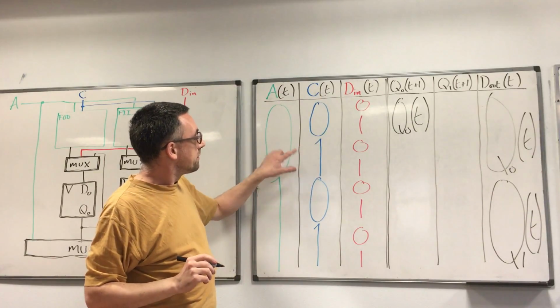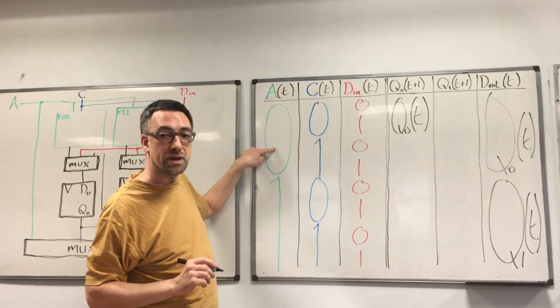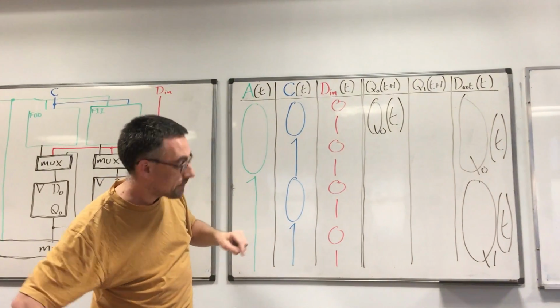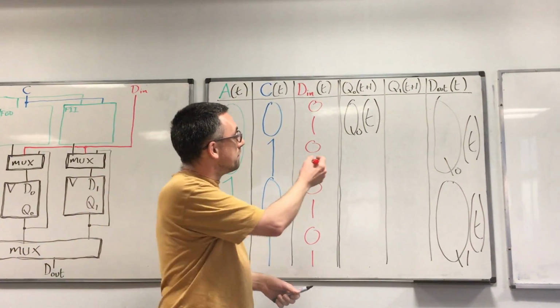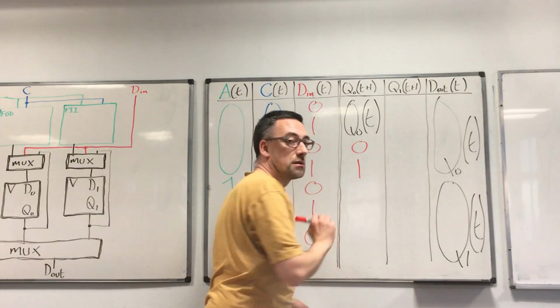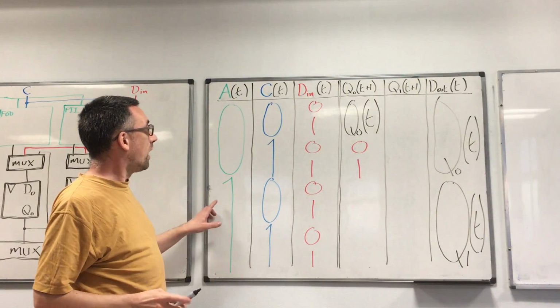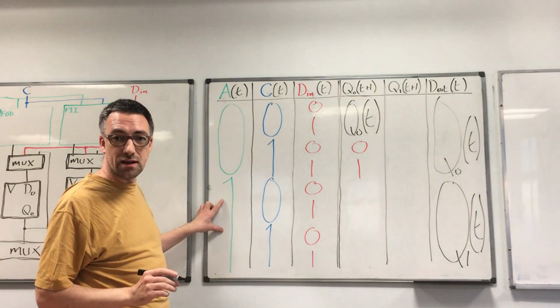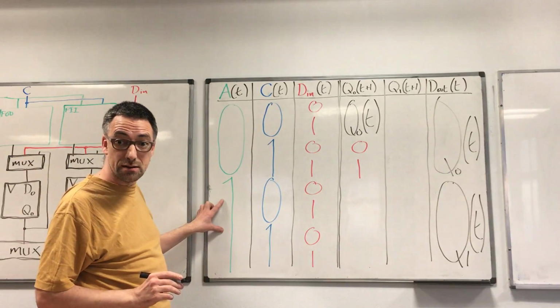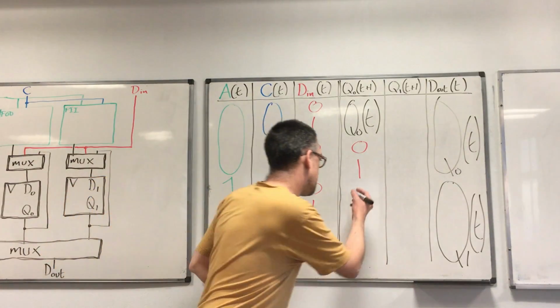But if the control signal says 1 and we are addressing bit 0, then the memory should be updated with whatever's coming in from the data input. Meanwhile, if we're addressing the other bit entirely, then certainly bit 0 should stay the same.